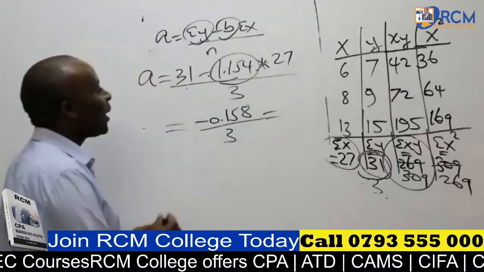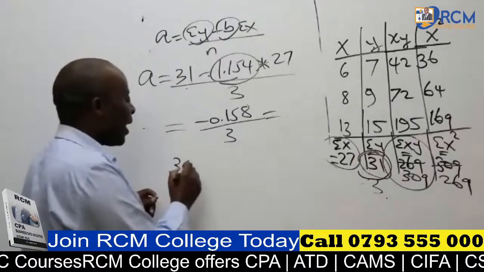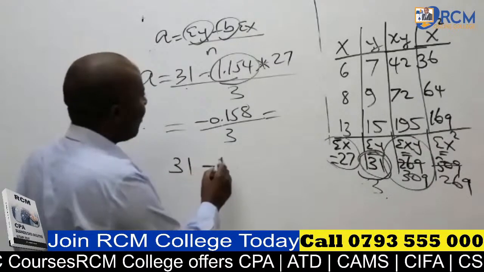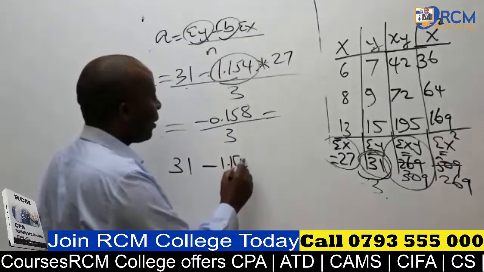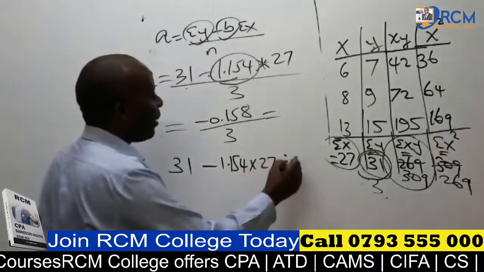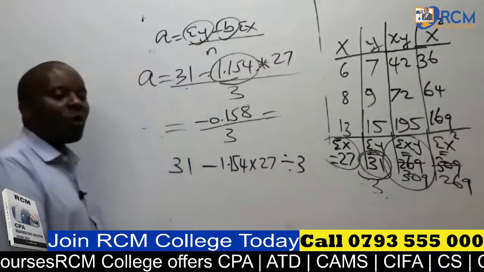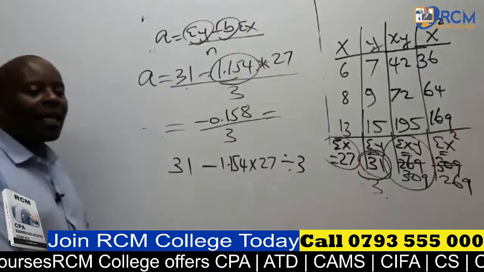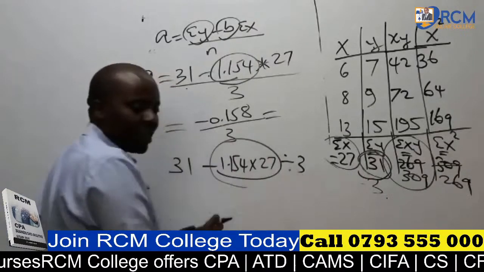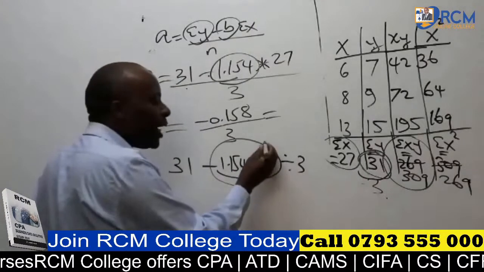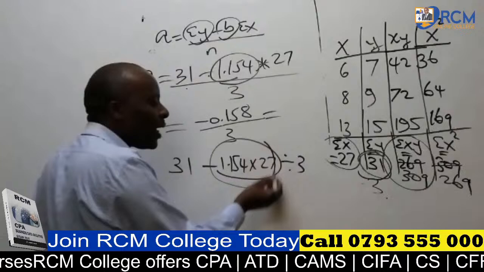Utapata mwanafunzi wengi hata Fatma akifungua roho vizuri aseme, anasema kwa calculator 31 minus 1.154 times 27, alafu anasema divide by what? By 3. So unakuta calculator yake imepick this alone to be divided by what? And you see this 3 is supposed to be a divisor for both.